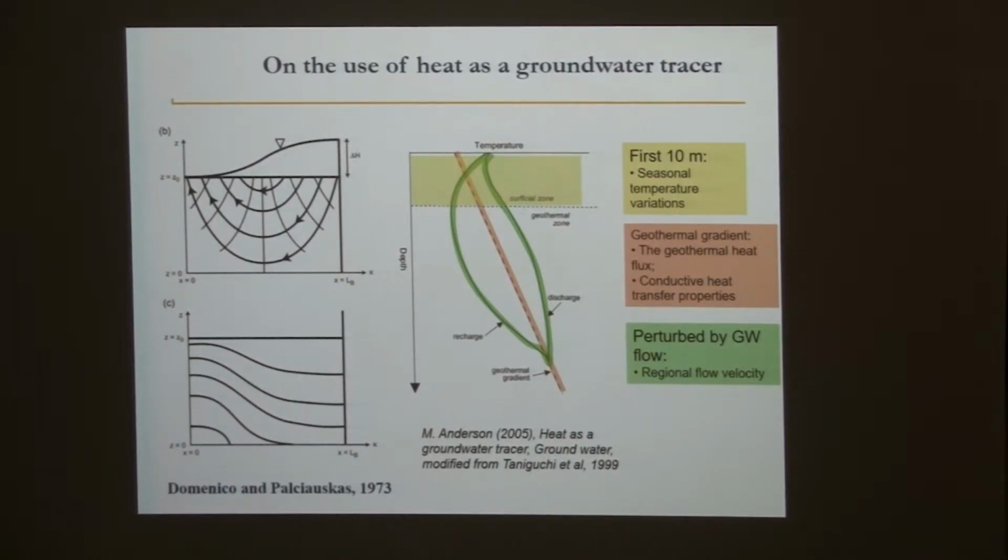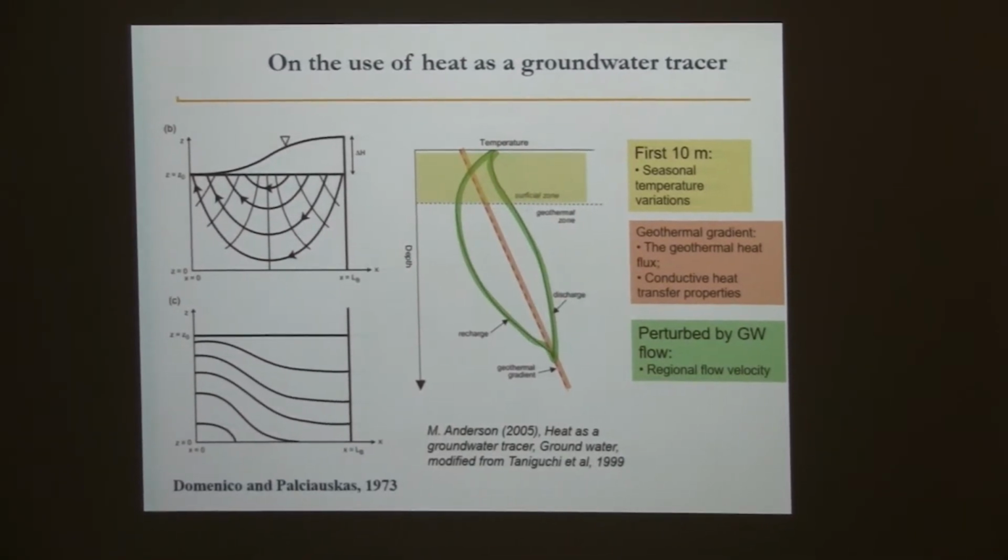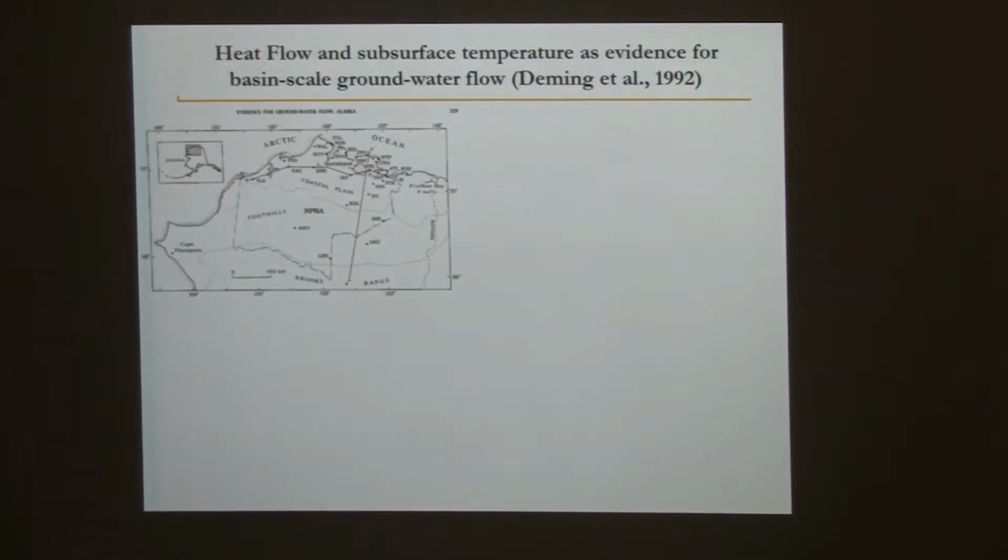Typically, the idea is that temperature should normally follow the geothermal gradient, but if there is groundwater flow, then there should be a deformation of this geothermal gradient, either one way or another, depending on whether you are in a recharge area or a discharge area. So that's typically what is used in general.